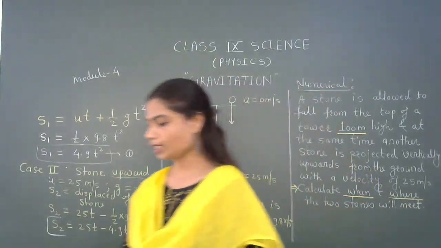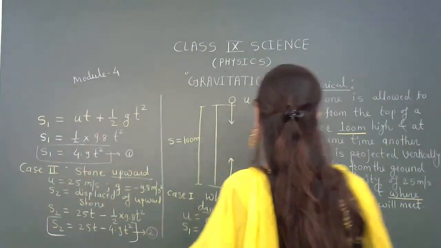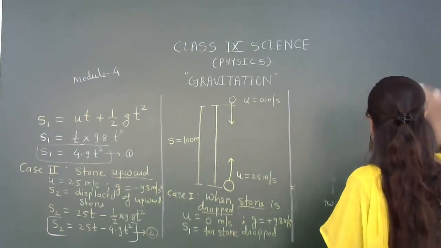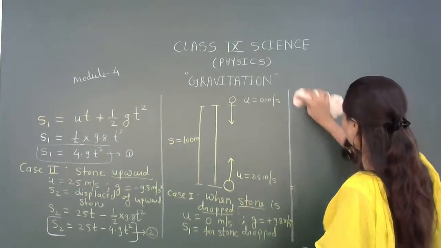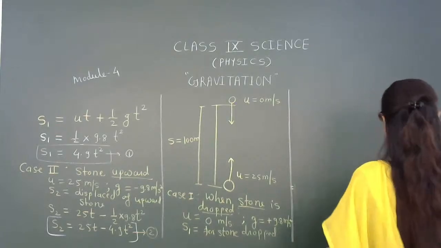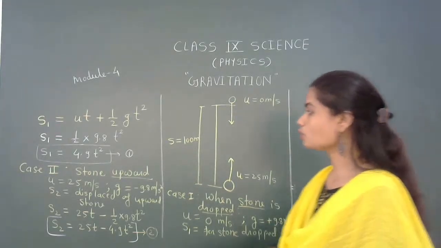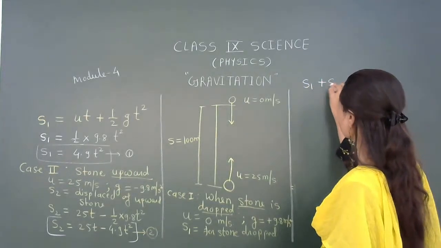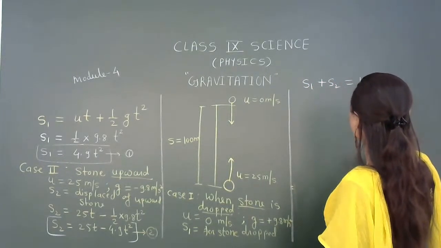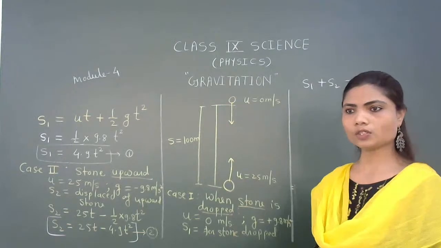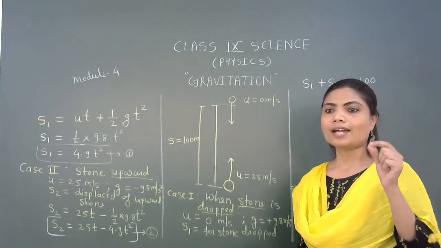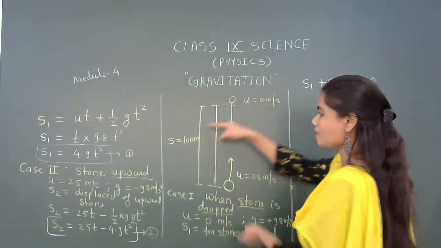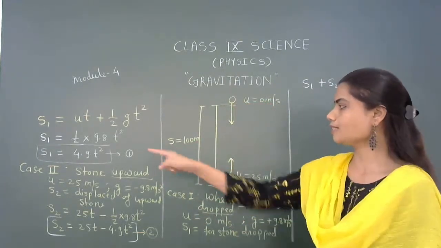We will get one term that this S, which is the provided displacement, is the sum of displacement covered by these two stones. So S1 plus S2 is equivalent to 100. Why am I taking so? Because the actual displacement between these two is 100 meter. Means S is equivalent to S1 plus S2.